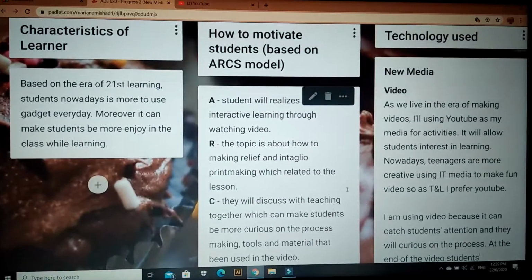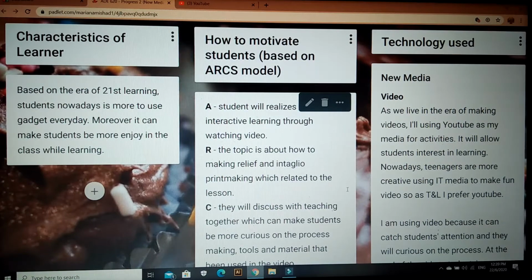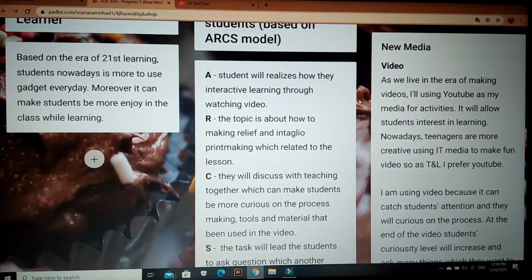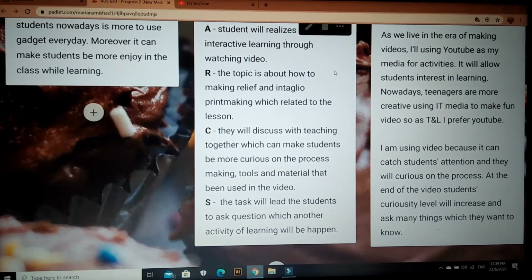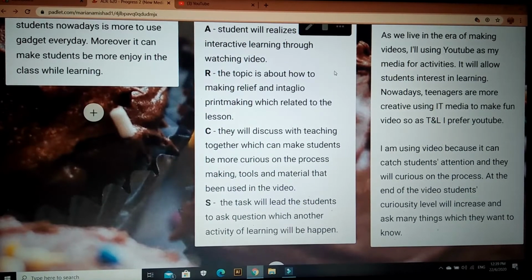So this is how to motivate students based on the ARCS model. A: students realize how interactive learning is through watching video. R: the topic is about how to make relief and intaglio printmaking, which is related to the lesson.